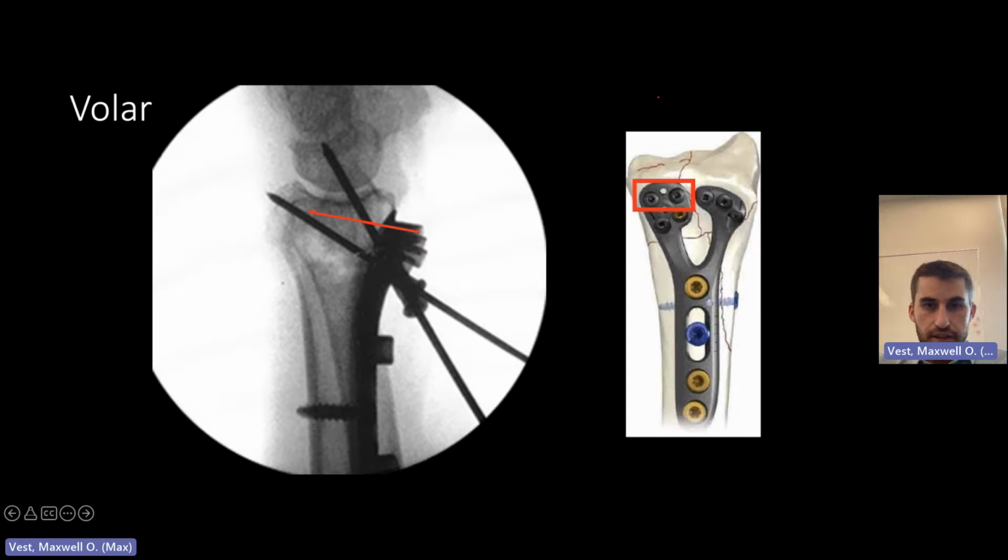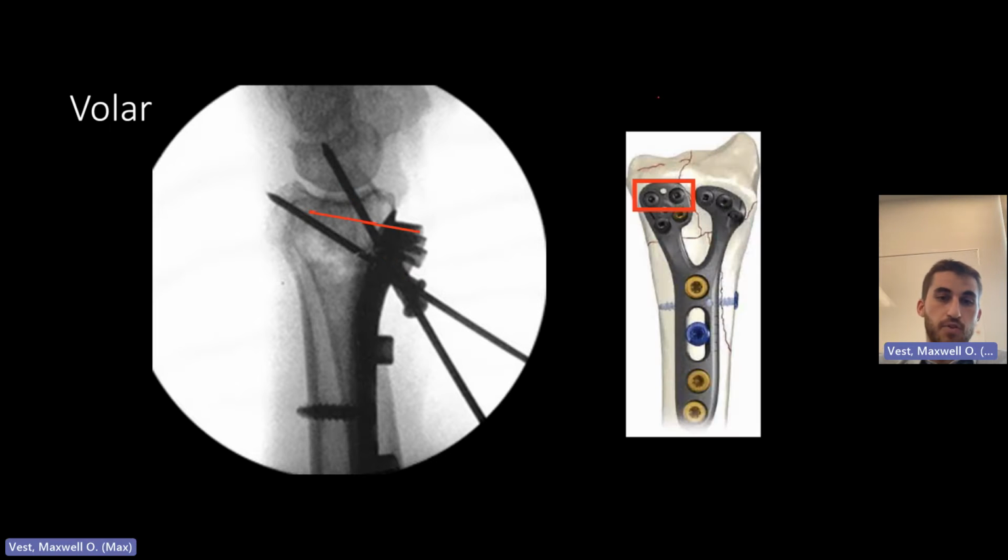And this is essentially supporting the subchondral bone of the central portion of the lunate fossa, the central and the volar, whereas the proximal portion of this plate is supporting more of the dorsal and distal portion of this distal radius. So these pegs are typically a little bit shorter.